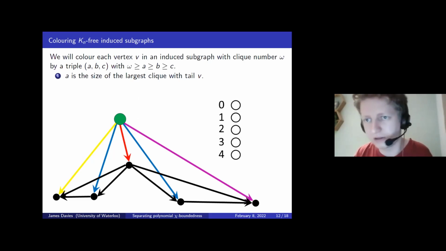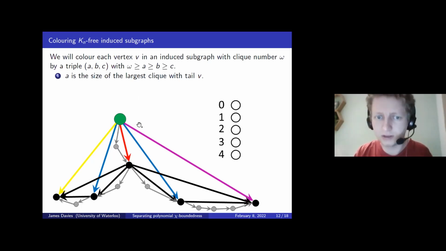So for now, let's just look at what happens when we have different types of 4 cliques with this tail vertex. So here, for instance, we have two different four cliques coming out of it. And this is how something like that can happen. We could have these underlying paths that at some point split like this.